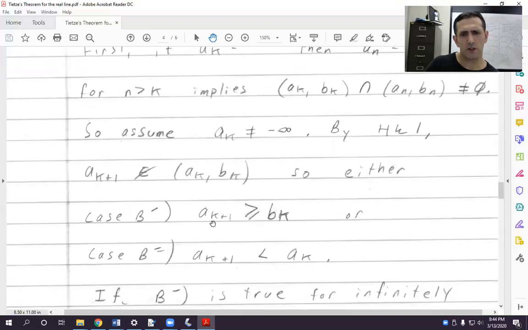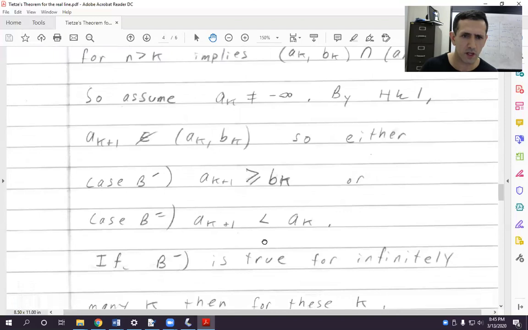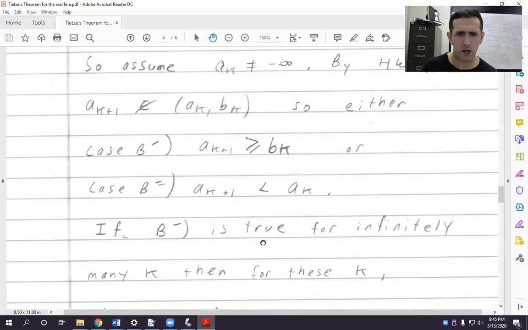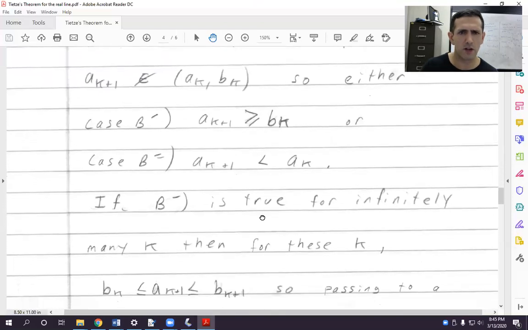So let's assume this is true, B prime, for infinitely many k. One of these has to be true for infinitely many k because one of these is true for all k. Okay, so for these k, we have bk is less than or equal to ak plus 1 from right here. That's the case we are in. ak plus 1 is actually strictly less than bk plus 1.